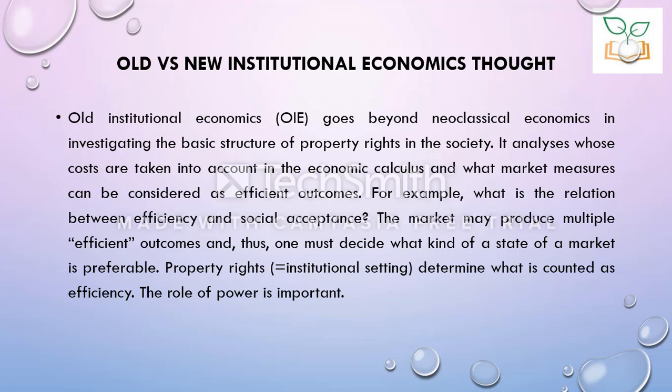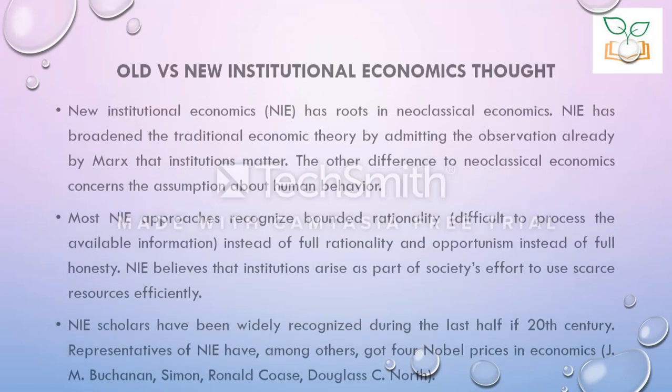The market may produce multiple efficient outcomes and thus must decide what kind of state of the market is preferable. Property rights, or institutional settings, determine what is counted as efficiency.